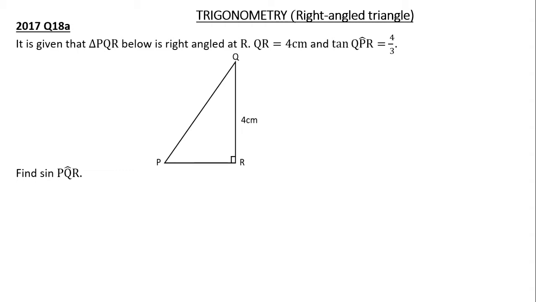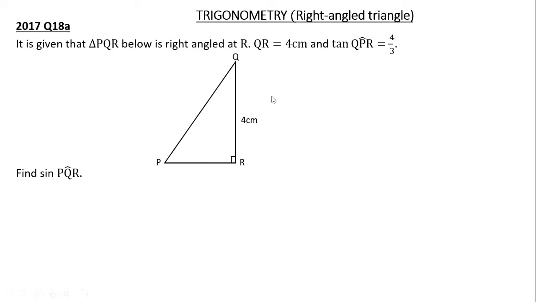Since this one is a right-angled triangle, Pythagoras' theorem states that the square on the hypotenuse is equal to the sum of the squares of the adjacent sides. Now, tan QPR is equal to 4/3. Tan is opposite over adjacent.